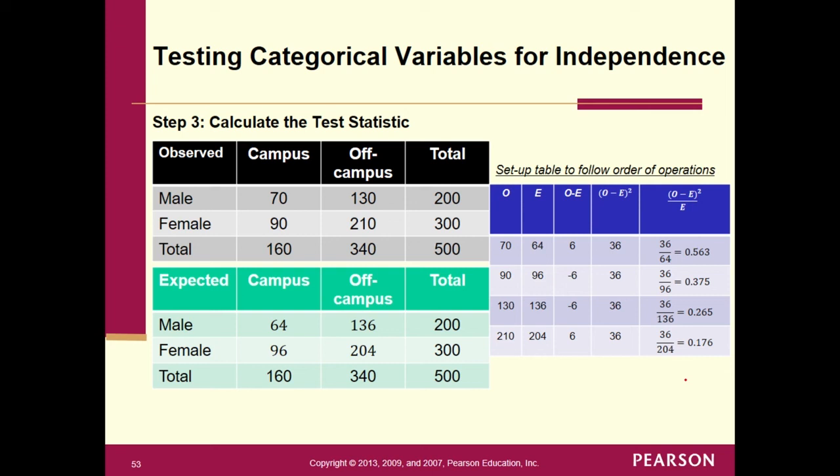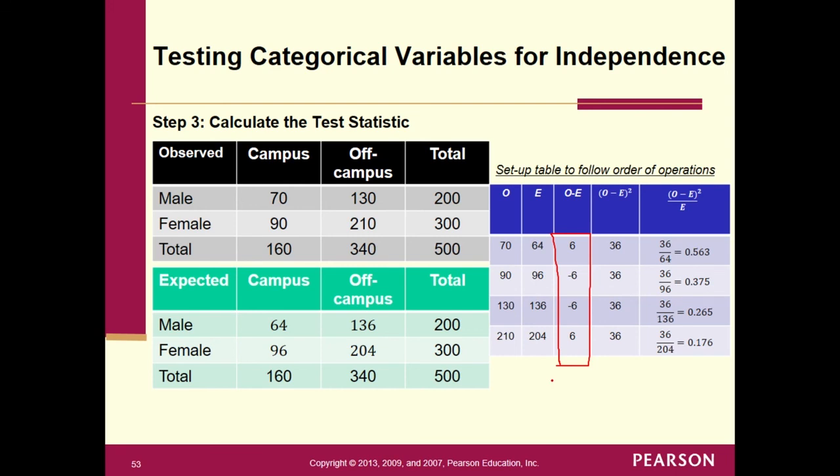So notice something interesting that happens here. Whenever you have a 2 by 2 table, if you did all the calculations correctly, for the O's minus the E's you're going to get 2 negatives and 2 positives of the same exact number. And so notice you got 2 positive 6s and 2 negative 6s.